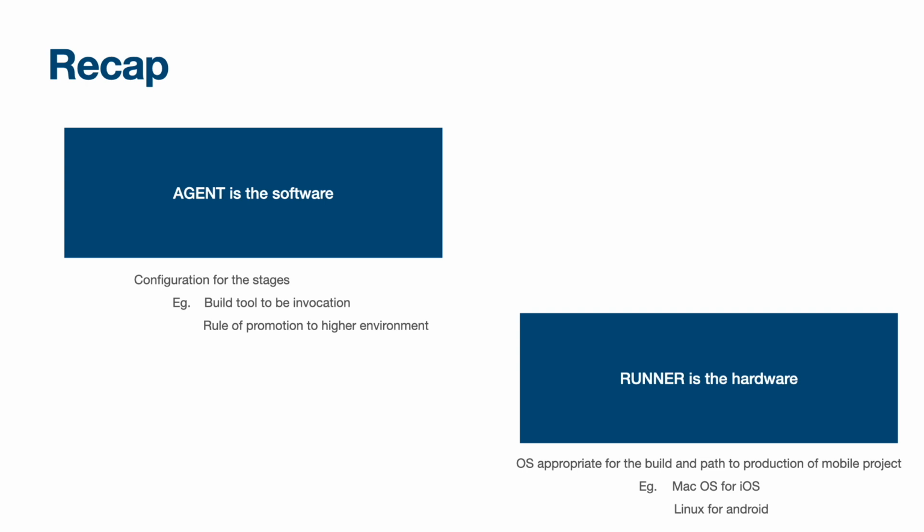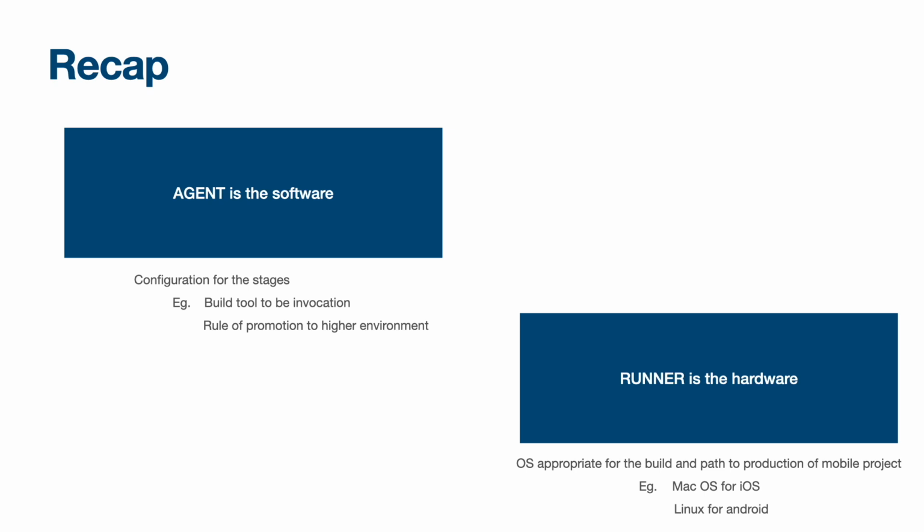Just to reiterate the constructs, agent and runner, there is typically a confusing interpretation of these, right? I just wanted to highlight the difference. Agent is the software, runner is the hardware. Agent is for configuring the stages.